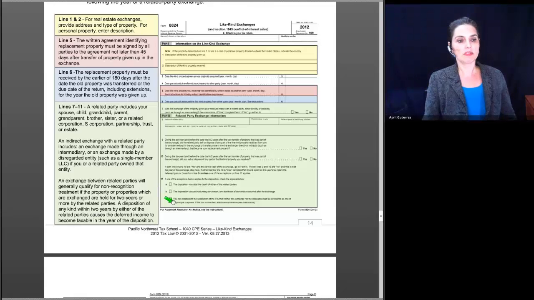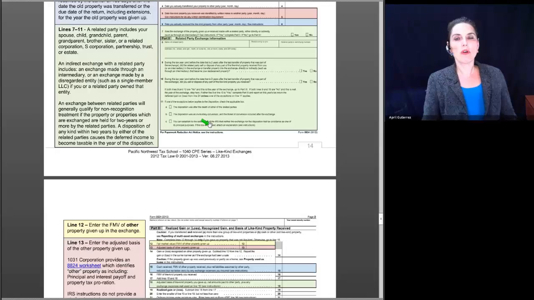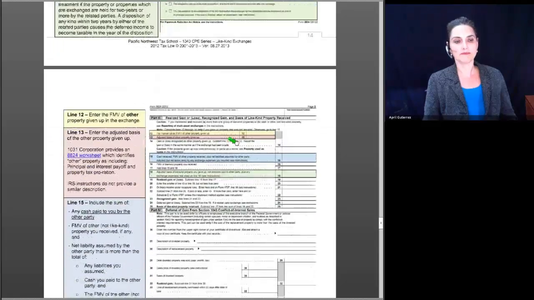An exchange between related parties will generally qualify for non-recognition treatment if the property or properties which are exchanged are held for 2 years or more by the related parties. A disposition of any kind within 2 years by either of the related parties causes the deferred income to become taxable in the year of the disposition.